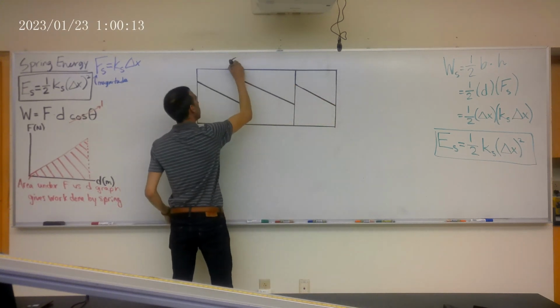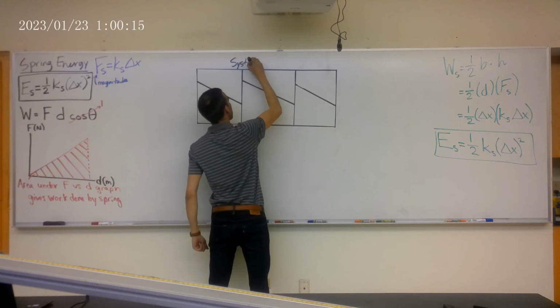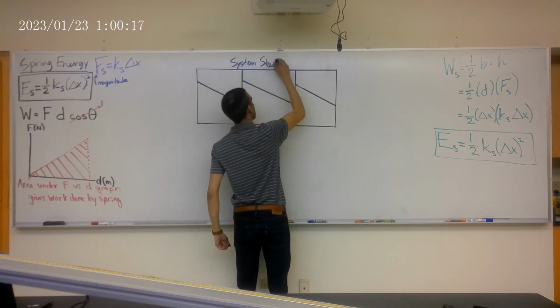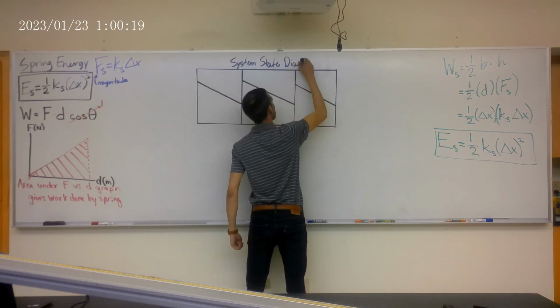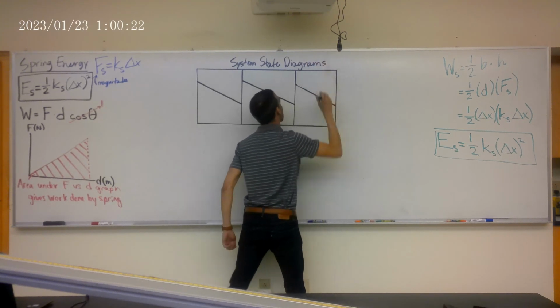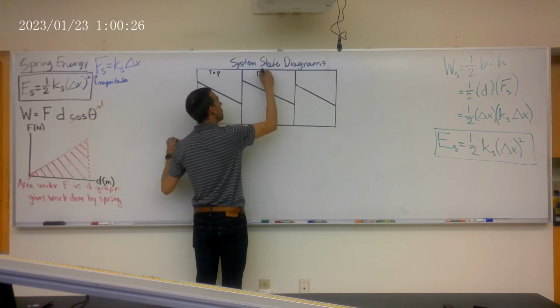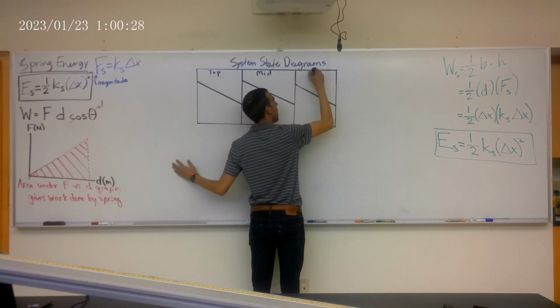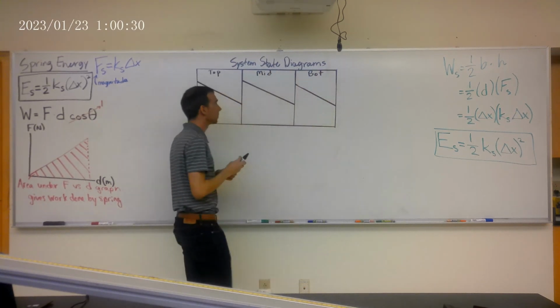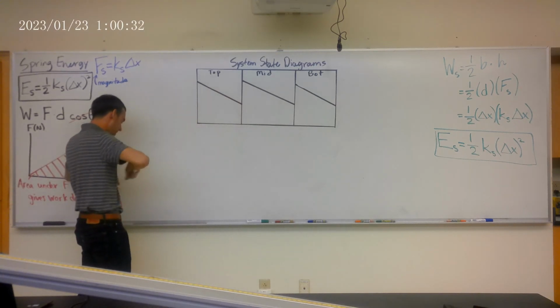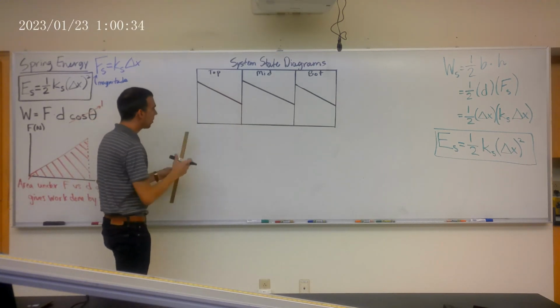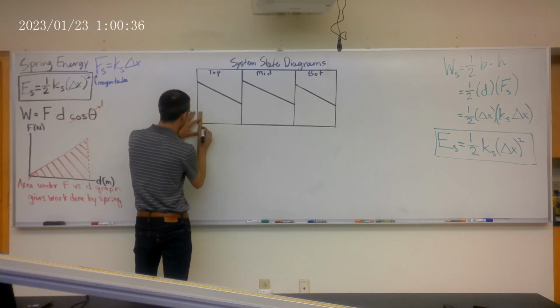And these are going to be system state diagrams for when our car is at the top, the middle, and the bottom. And then we're going to draw up energy bar charts to go along with each of those stages.